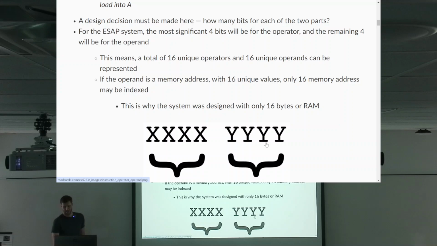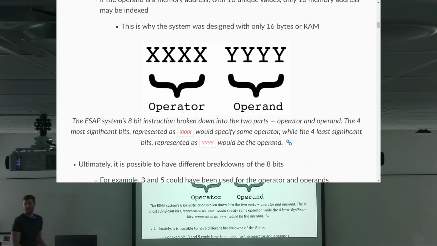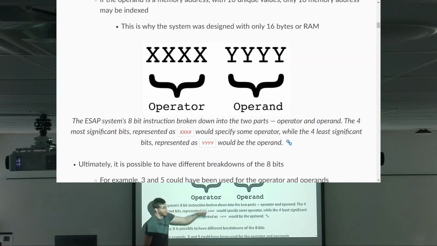So we have 16 unique operators, and for each operator, we could have 16 unique operands. This is perfect because we have 16 unique memory addresses. It's almost like this design was kind of intentional. So this is the idea. With 8 bits, I've got 4 for the operator and 4 for the operand. That's how we're going to do it.